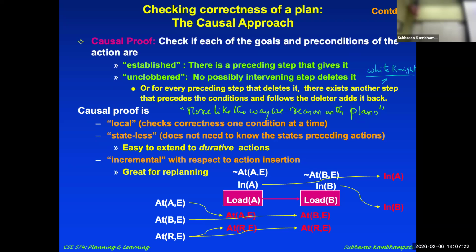For open conditions, the way you resolve the flaw is step addition and simple establishment. And for unsafe link, it is promotion, demotion, and one other thing I will talk to you about called confrontation.